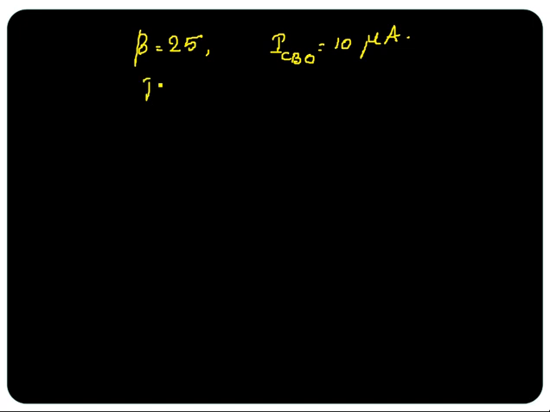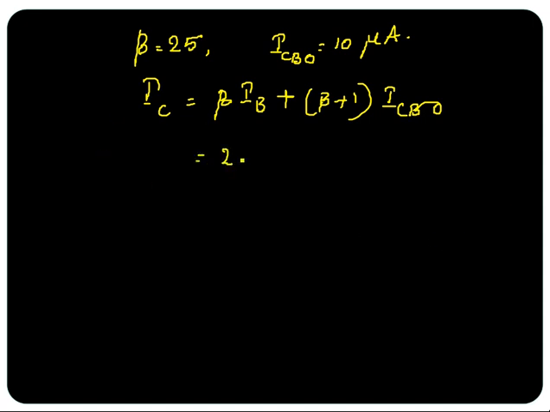So what is IC here? IC is again beta times IB plus beta plus 1 times ICBO. So what is beta given now? 25 into, what is the IB that you obtained in the first part, 47.9 into 10 raised to minus 6.